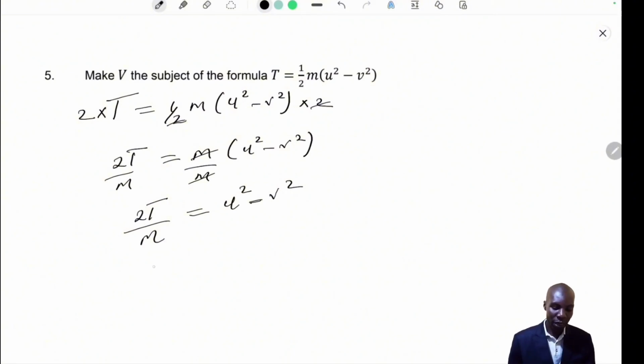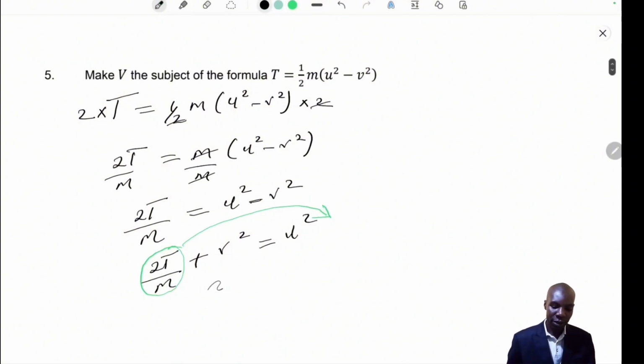So I'll have 2t over m plus v squared equals u squared. Then from here I can transfer 2t over m to the right hand side. So on the left hand side I'll remain with v squared equal to u squared minus 2t over m.